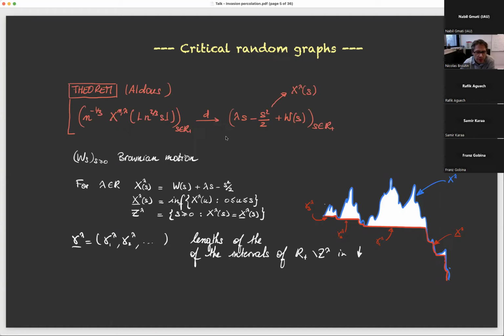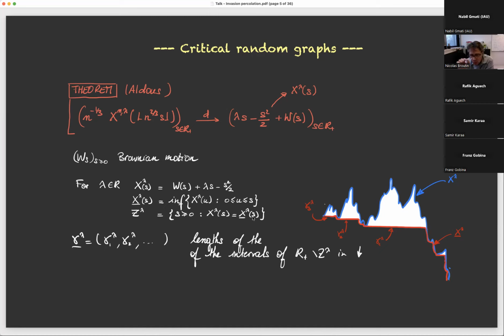So the limit process here, lambda s minus s squared over 2 plus the Brownian W_s, you call it X_lambda. You take the infimum process of this between 0 and s, you call it underline X_lambda(s). And you look at the points Z_lambda where the process touches its infimum.